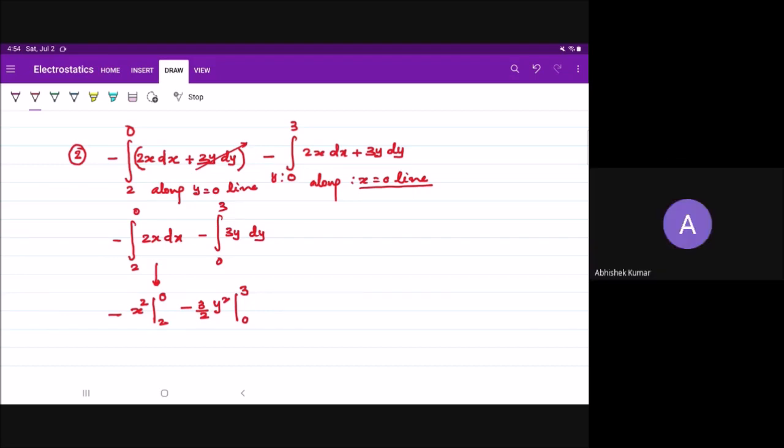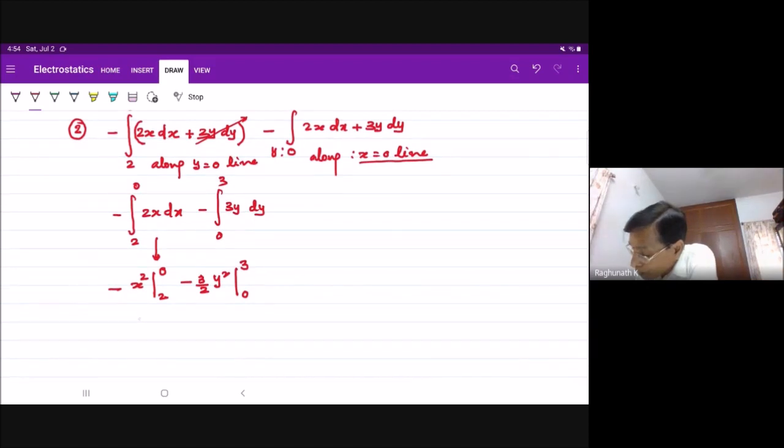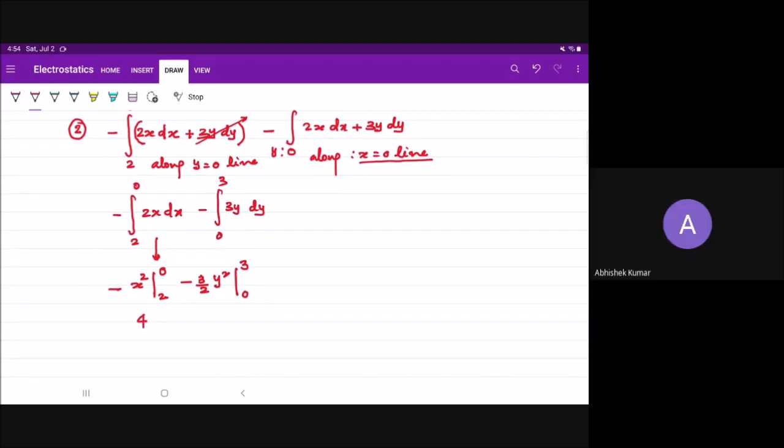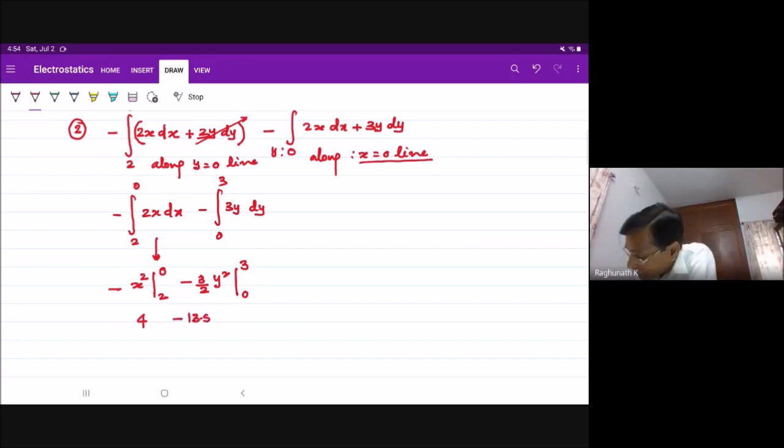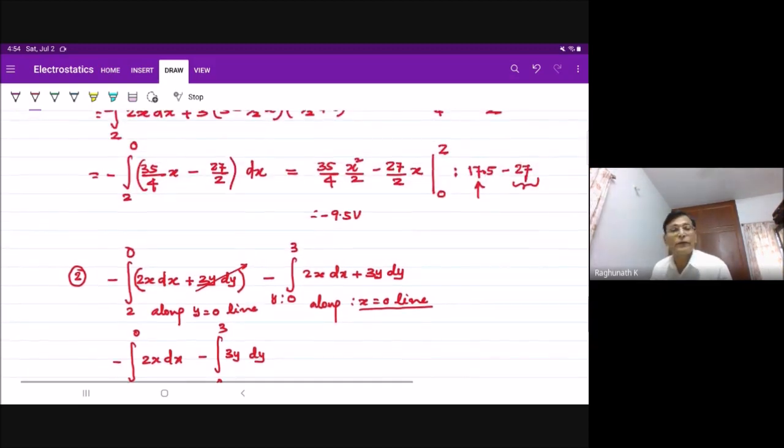So the first is 4 volts and the second is 13.5. 4 minus 13.5 is equal to, check it, minus 9.5.